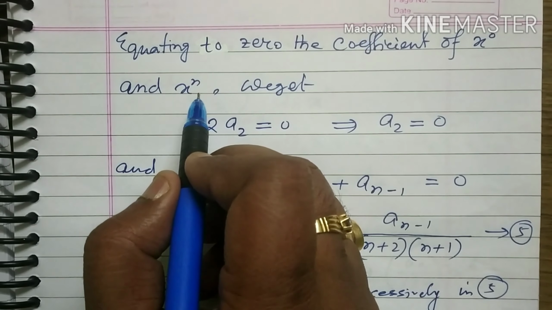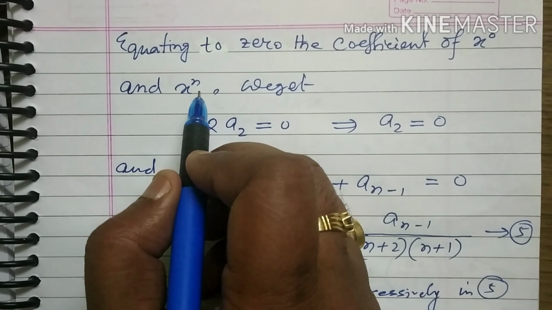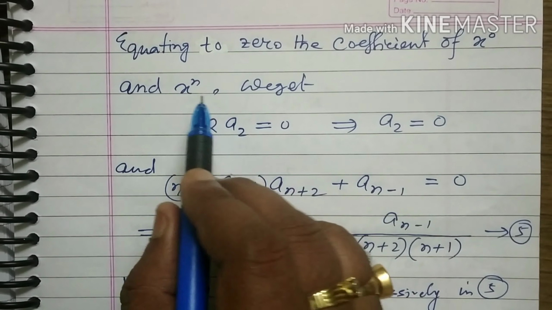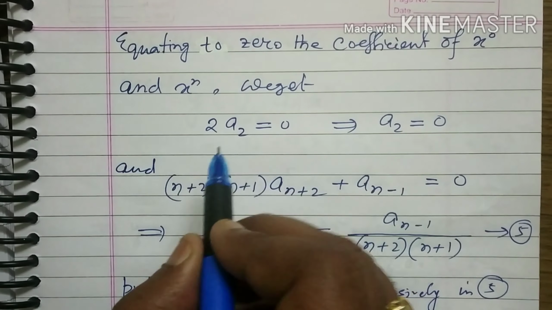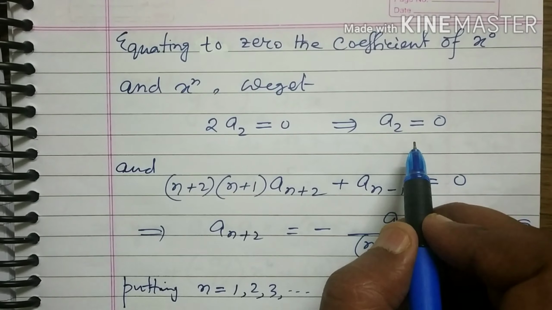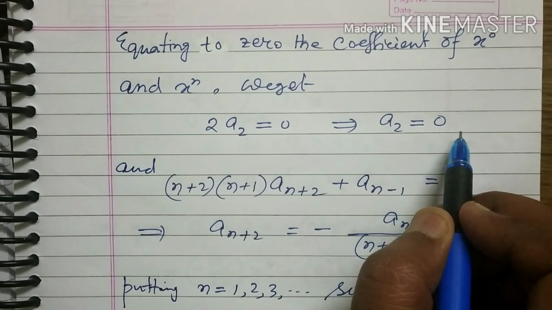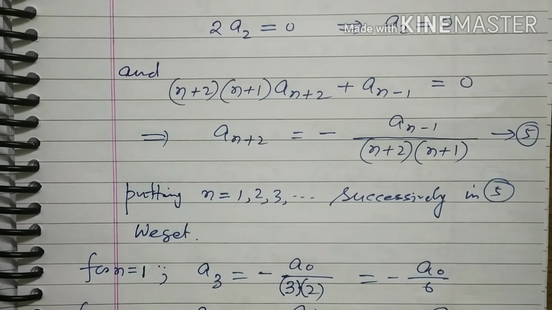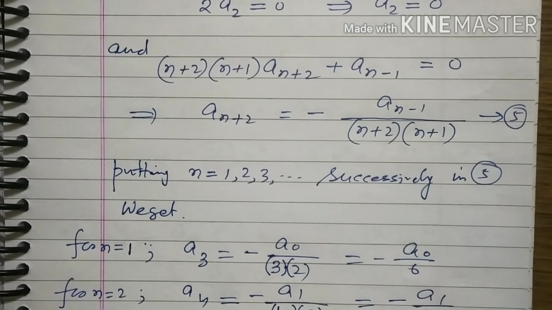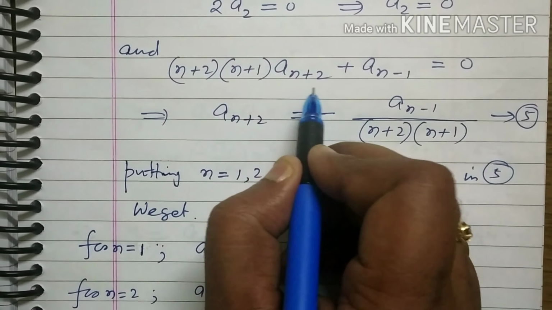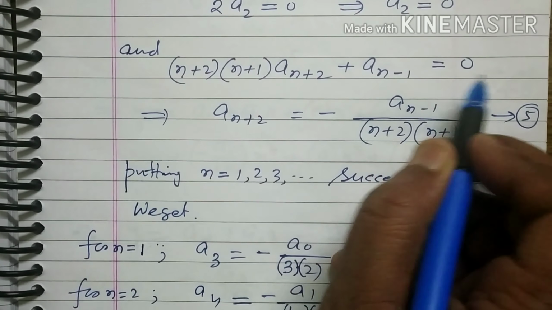There are two expressions you have: one is for x to the power 0, another is for x to the power n. So we get 2a2 equals 0, from where a2 equals 0. From the next expression, (n plus 2)(n plus 1) a_(n plus 2) plus a_(n minus 1) equals 0.